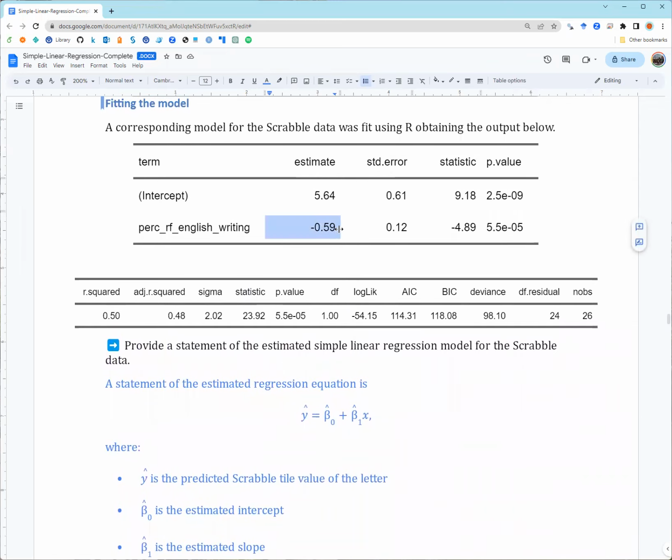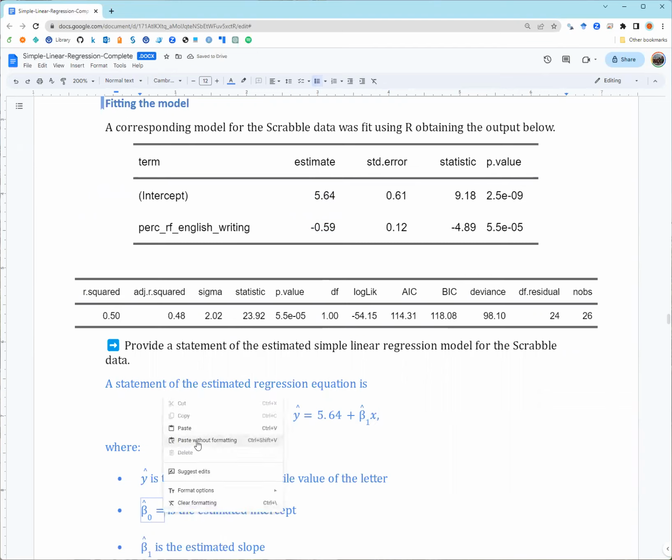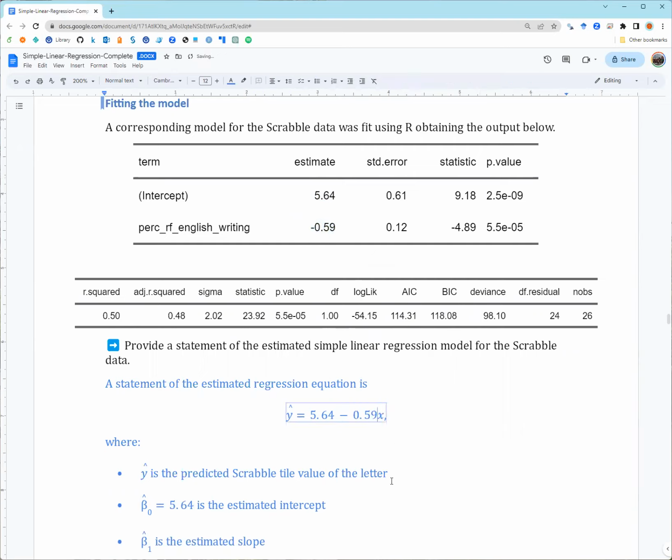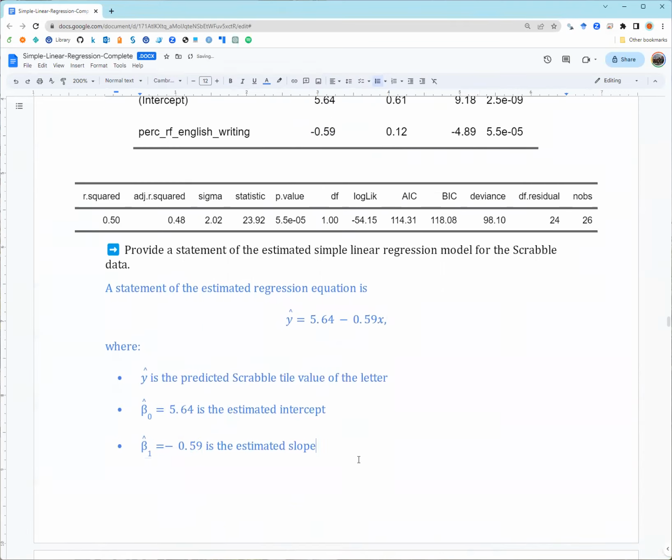So here it's minus, for the intercept, it's here. Okay, so that's how we'll include that. And then the estimated slope is here.